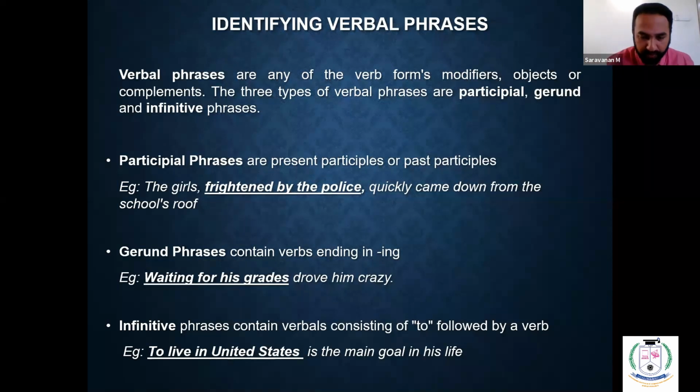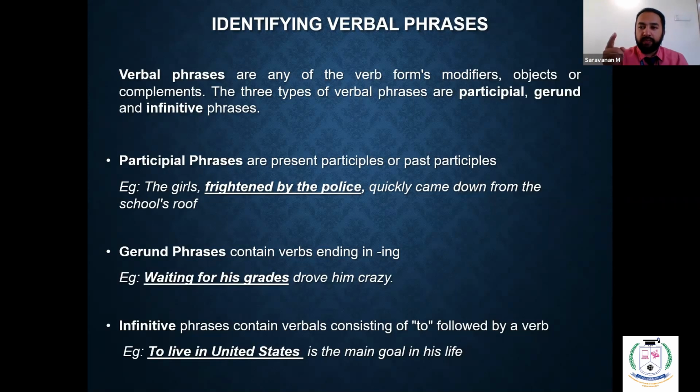Infinitive phrases. Infinitive phrases contain verbals consisting of to followed by a verb. That is, to live in United States is the main goal in his life. To secure the university gold medal is the main goal in my life.